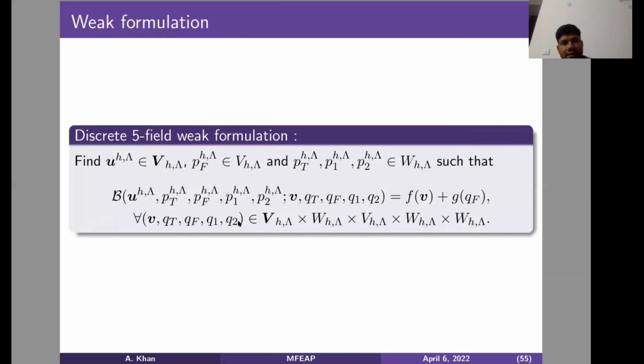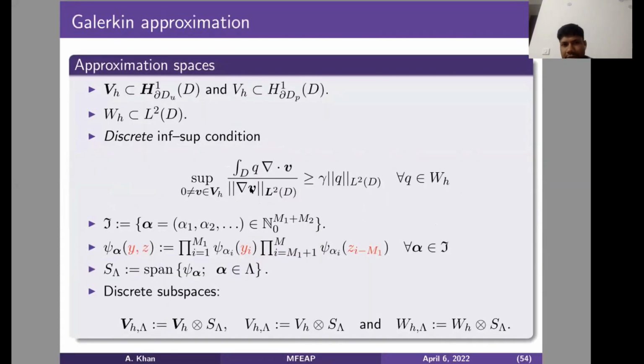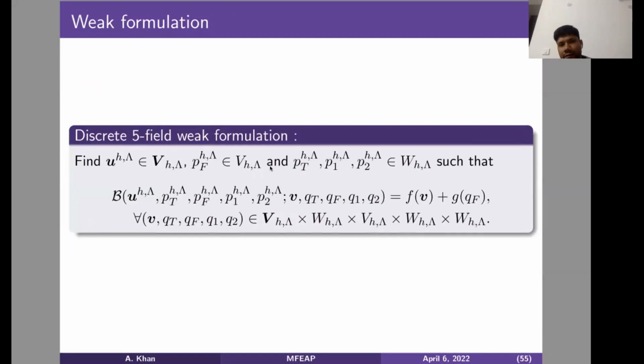And when we have this, we can write our discrete 5-field formulation in compact form. And as I told, if you assume that these discrete choices of BH and WH satisfy this inf-sup condition, we can ensure that this problem is well posed and the proof is similar to the continuous one.